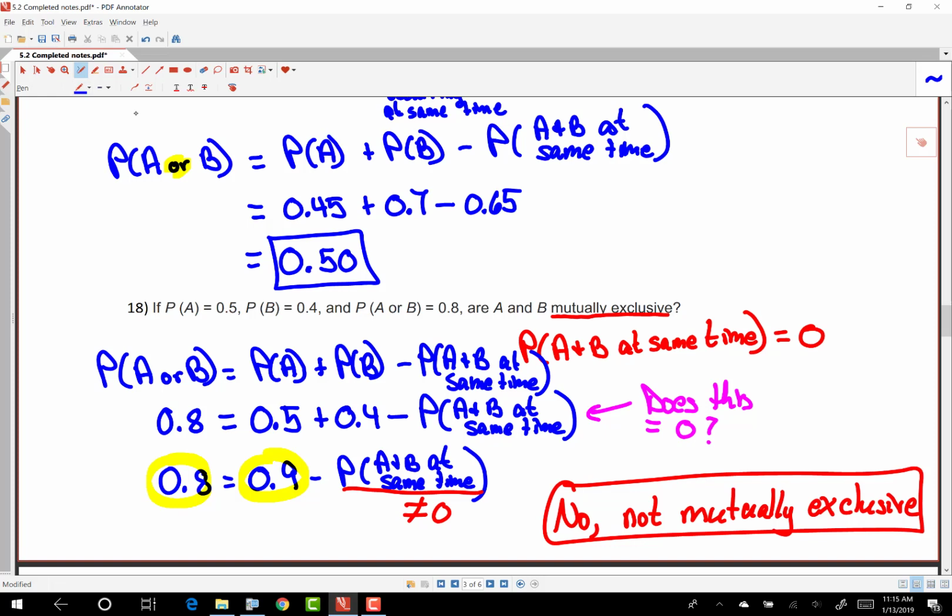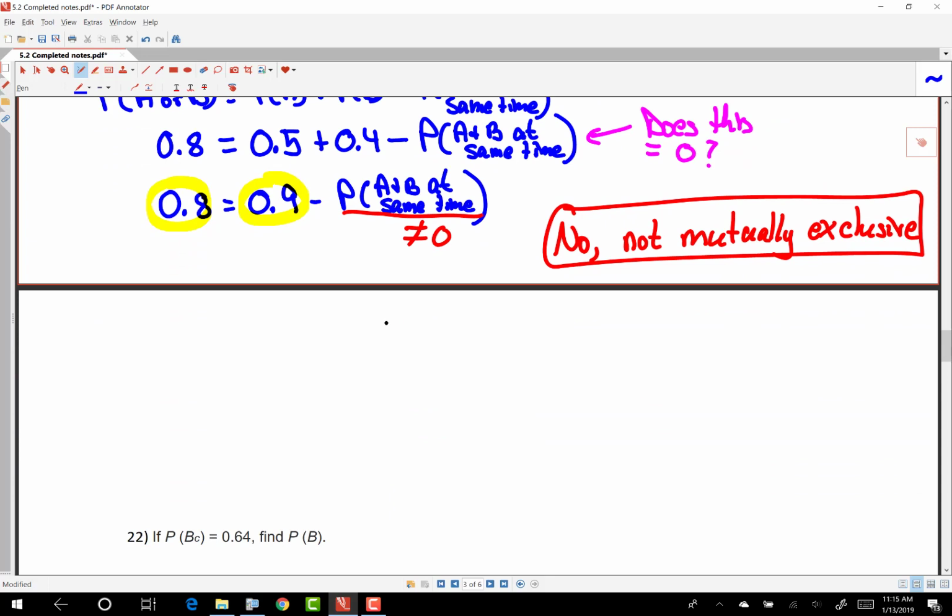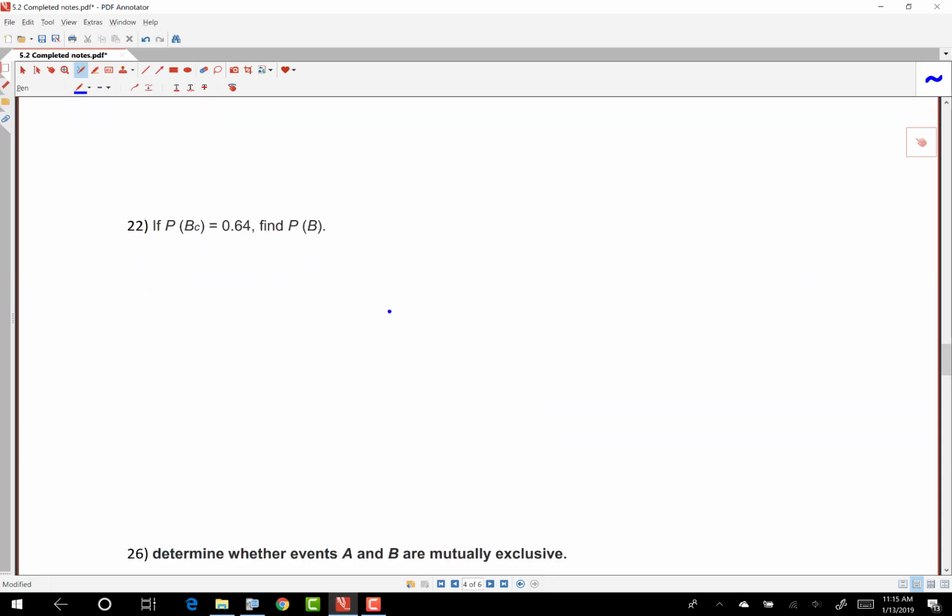Okay, let's take a look at number 22. Now, when I copied this over from the textbook, I didn't copy it correctly. What that means is the probability of B complement. I didn't leave that superscript. Is equal to 0.64.